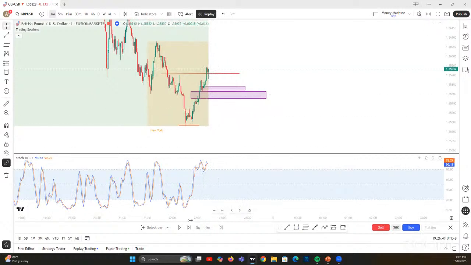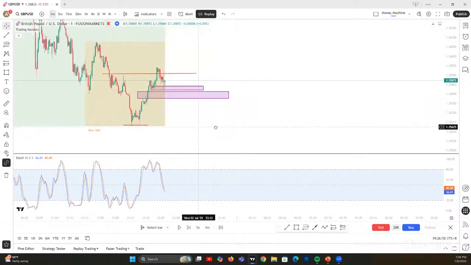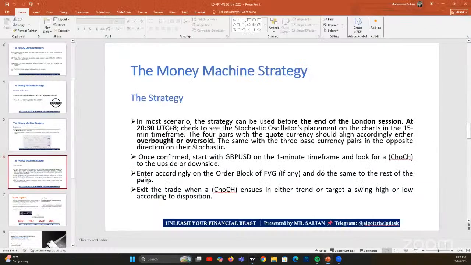There. That's the sign to buy now. Everything is set. You had a change of character, and you had the tap on that order block that made the change of character. So let's read the rest of the strategy.